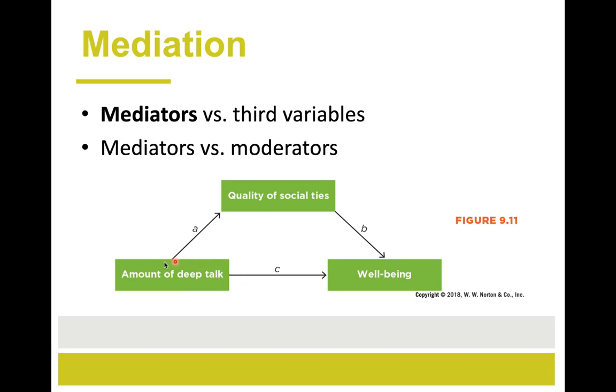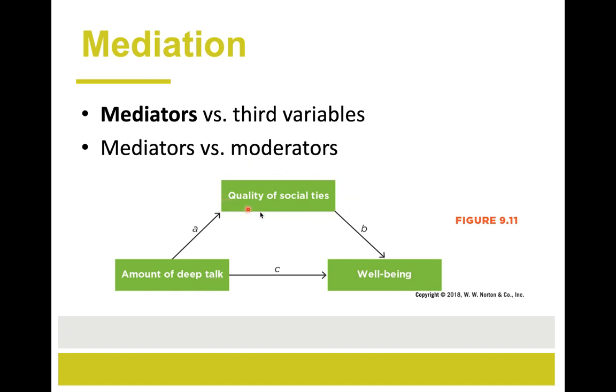So, for example, if we want to understand the relationship between the amount of deep talk, so complex, meaningful conversations you have, is deep talk related to your well-being? So we find that the more deep talk you have with other people, the better you're doing as a person. Right? Your psychological well-being is more healthy.